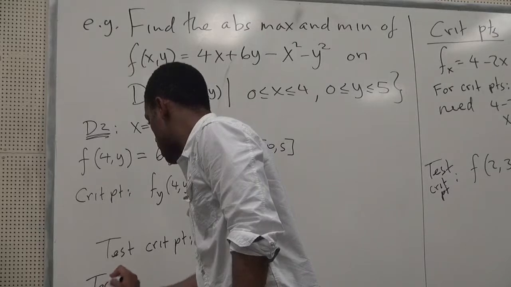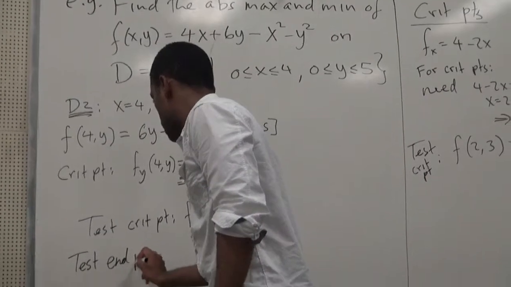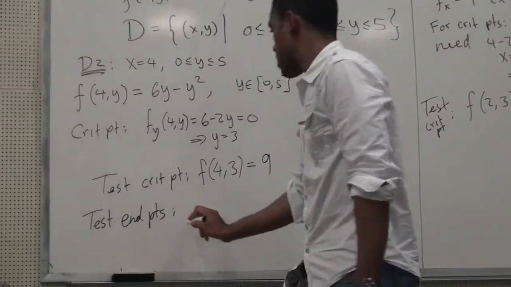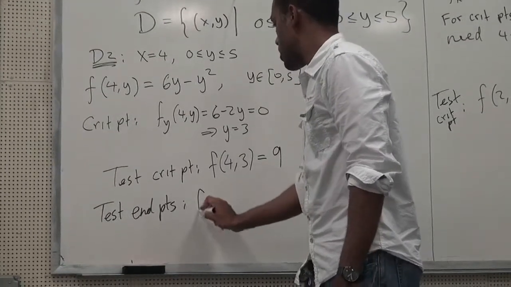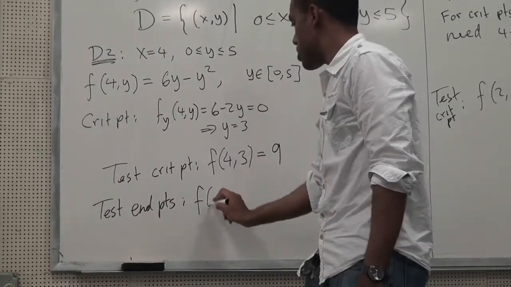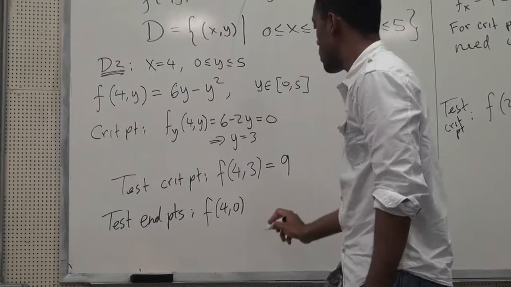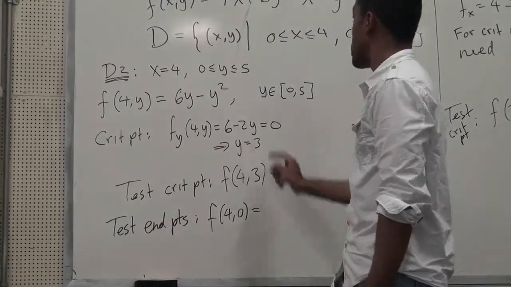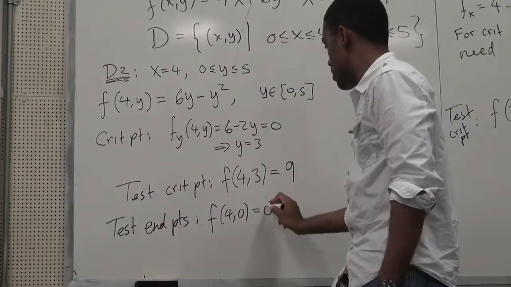Test endpoints. This is testing when y is 0. So this is 4 comma 0, which here is actually going to give you 0.